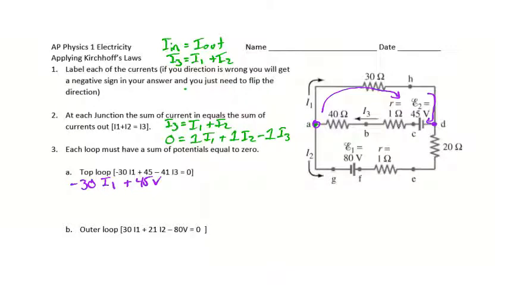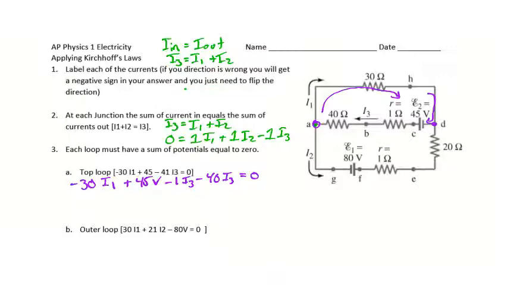So I3 goes through the internal resistor, so that's going to be minus 1I3, minus 40I3 because it goes through the 40 ohm resistor, and then we're back at point A, so I know that has to equal 0.